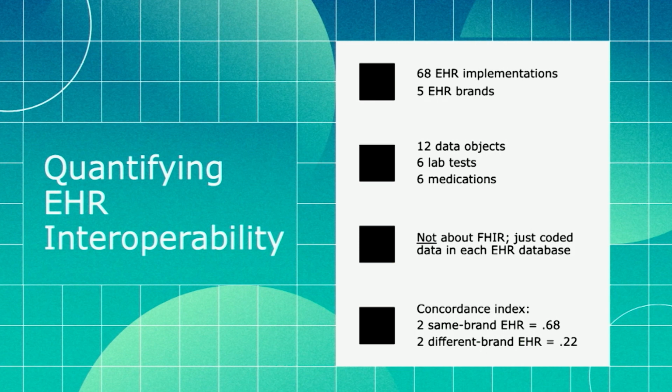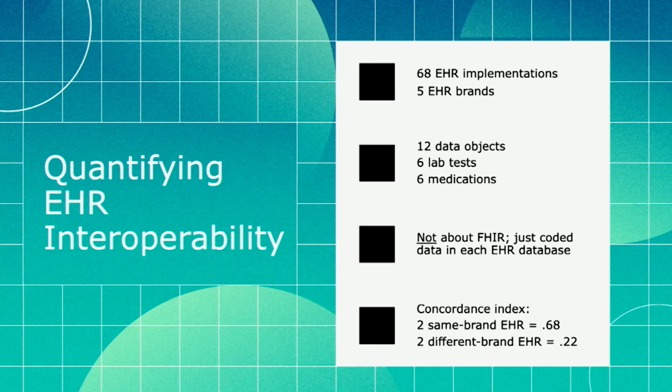This was not about FHIR. This was just about how that data is coded in these different EHRs. So if you took 2 EHRs that were the same brand for these 12 data elements, their concordance index was 0.68. So perfect would be 1.0. So 2 Cerners, 2 Epics only get to 0.68 in matching up just 12 data pieces.